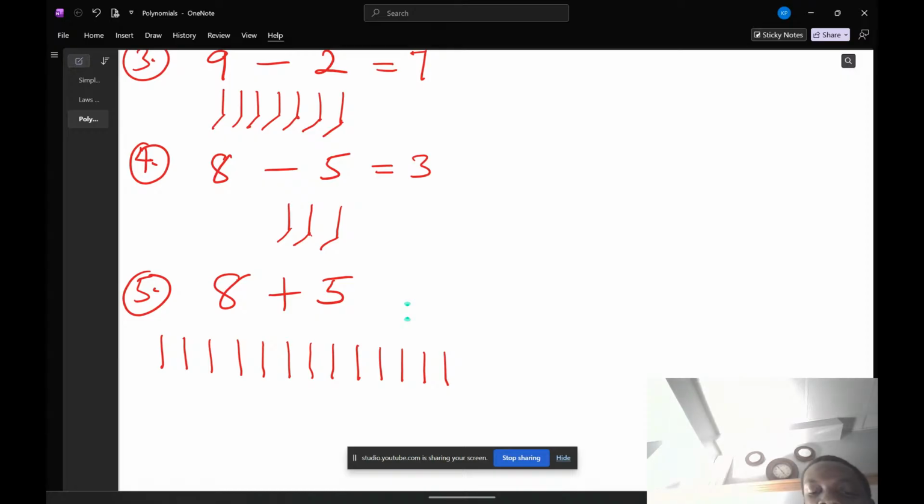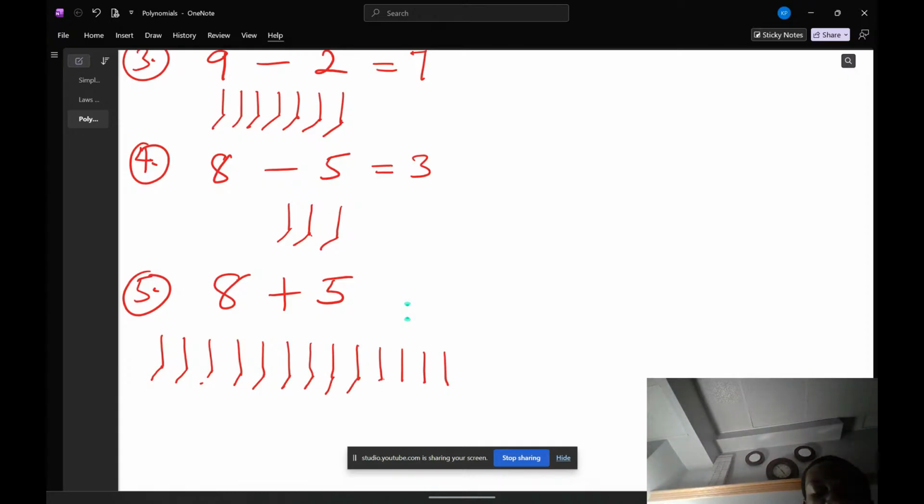So now let me count everything together from the beginning. 1, 2, 3, 4, 5, 6, 7, 8, 9, 10, 11, 12, 13. So now we have that 8 plus 5 is equal to 13.